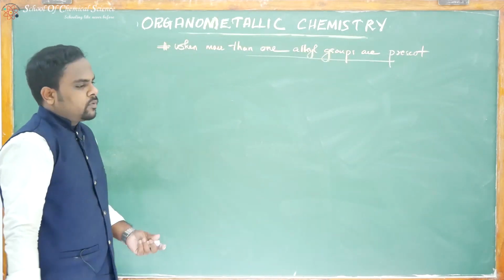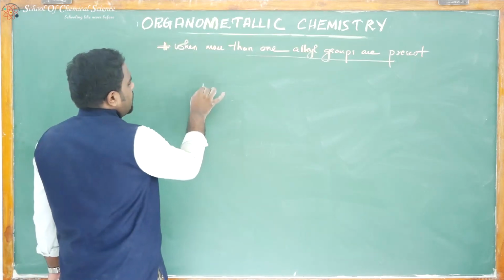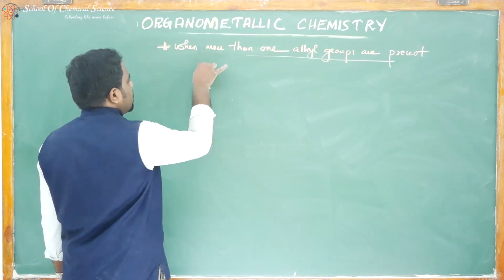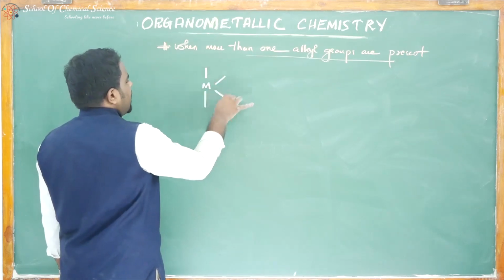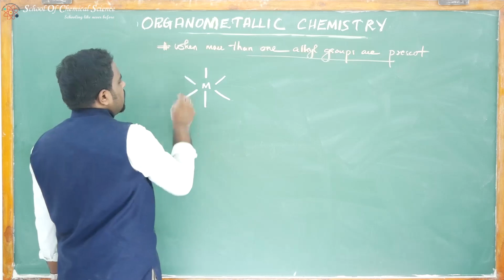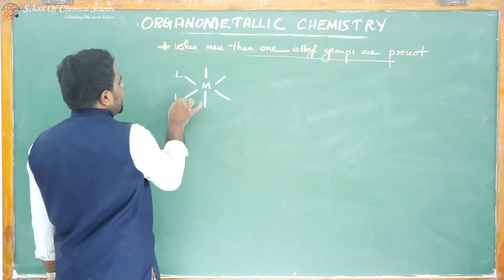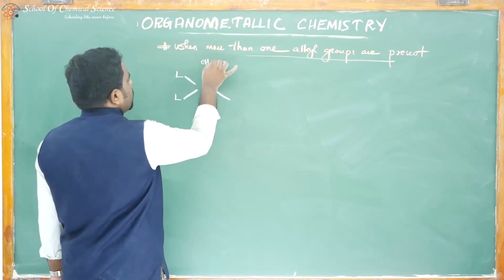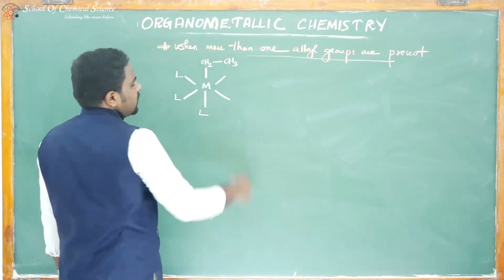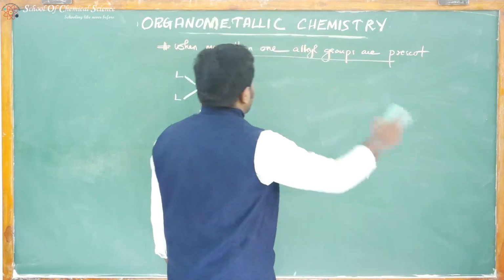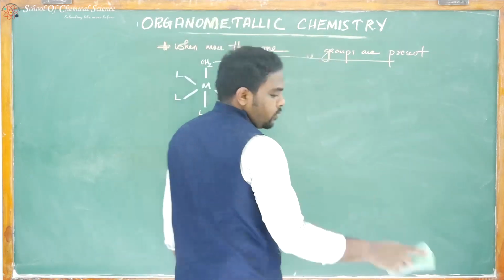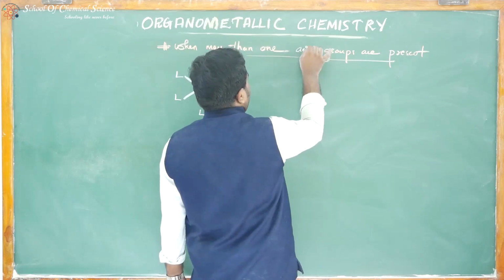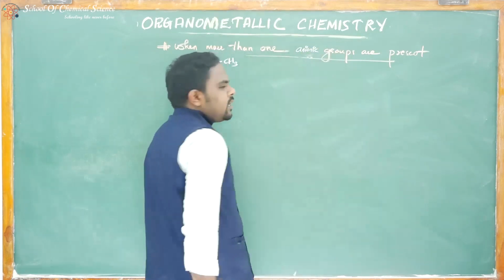For example, a metal, an octahedral complex, here ligand, here CH2CH3. Not more than one alkyl group, more than one anionic group.